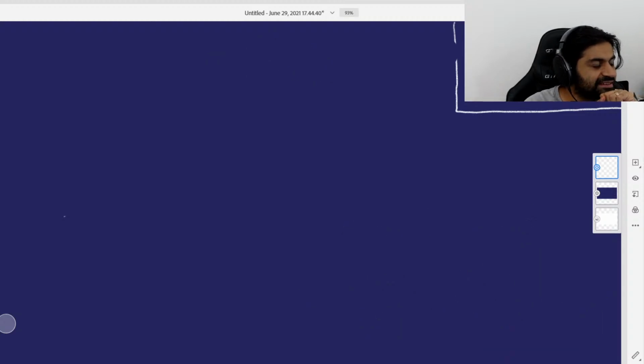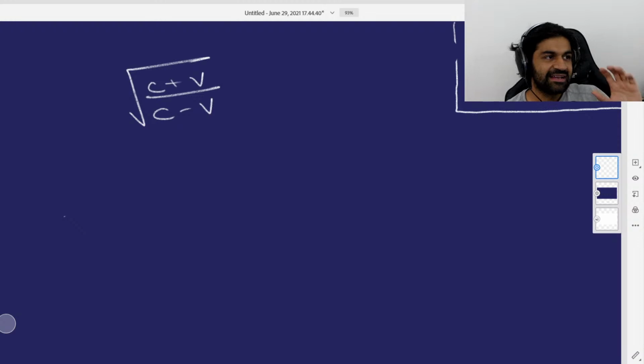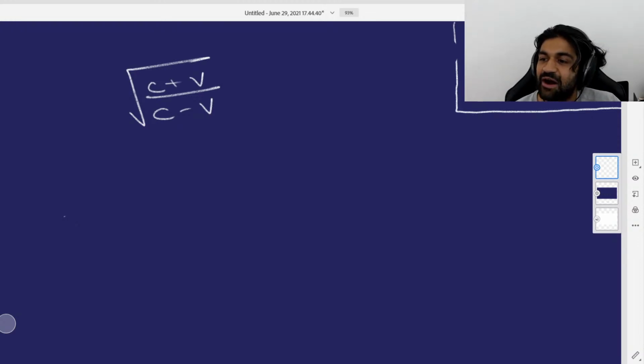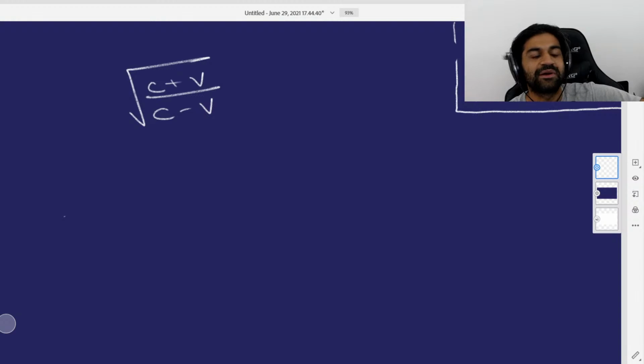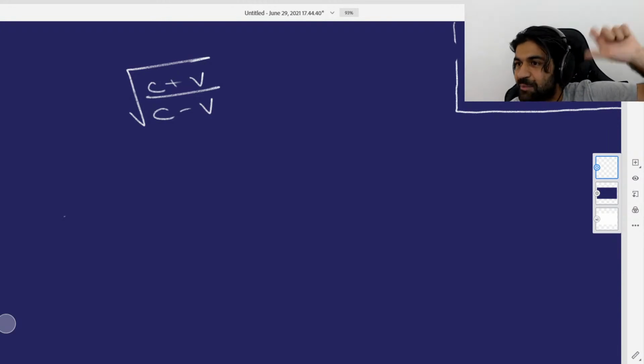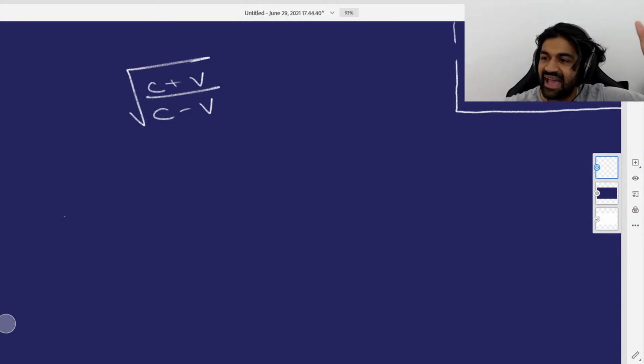So putting all this together, the square root of c plus v over c minus v is now taking into account this Lorentz term lambda. Taking that into account, this number describes the ratio that you experience in a one-way Doppler effect due to light, and this is going to be symmetric in both cases.